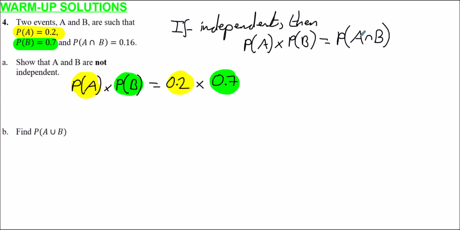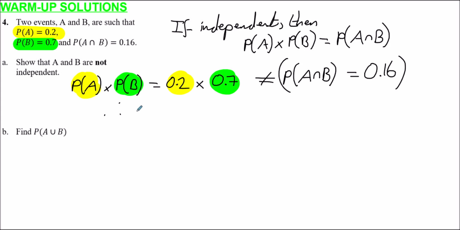However, the probability of A and B, we're told, is 0.16. So this here is not equal to the probability of A and B, which is 0.16. So this bit is not equal to that bit.